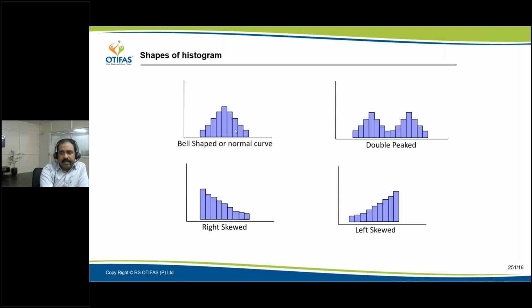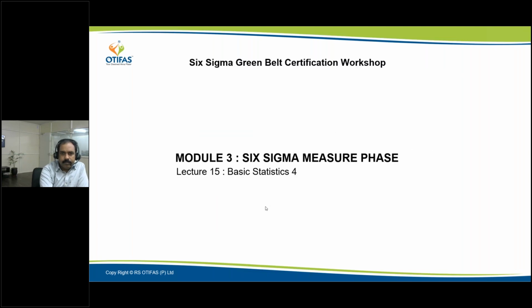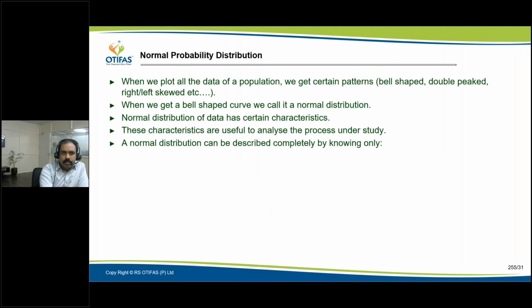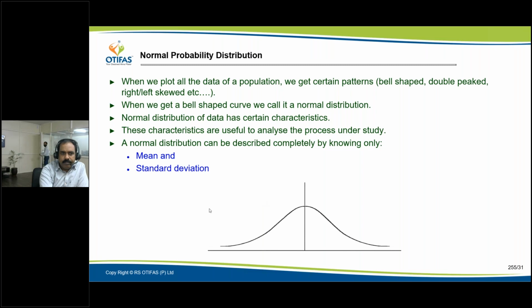You can predict, and it will be very good for the analysis part. Sometimes you get a right skewed or left skewed shape.